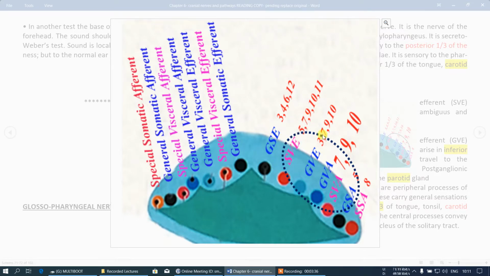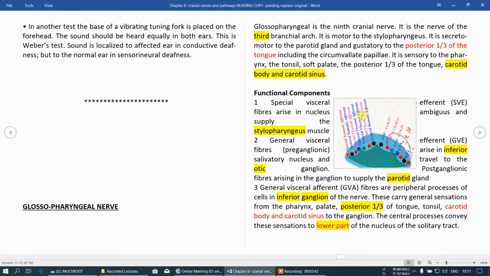So we will see these components one by one, two efferents and two afferents again. The glossopharyngeal nerve is the nerve of the third pharyngeal arch. Remember 5, 7, 9, 10 for the 1, 2, 3, 4 and 6 pharyngeal arches. So 5, 7 and 9, that is 1, 2 and 3.